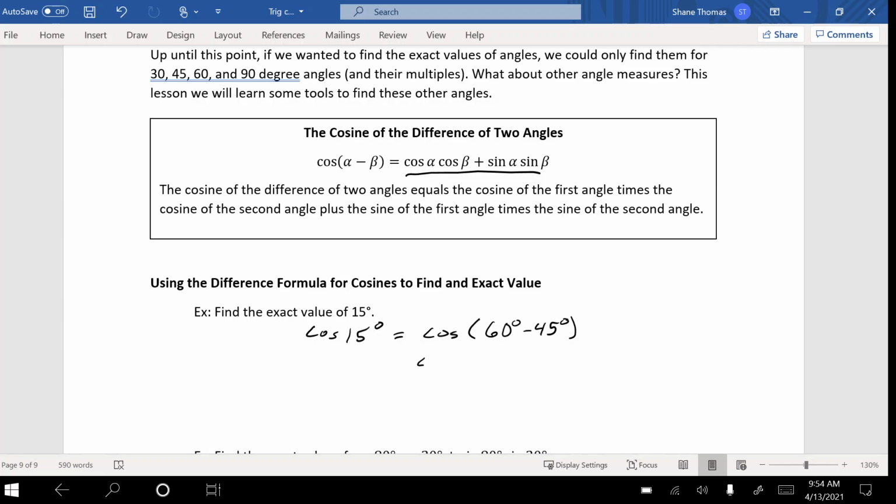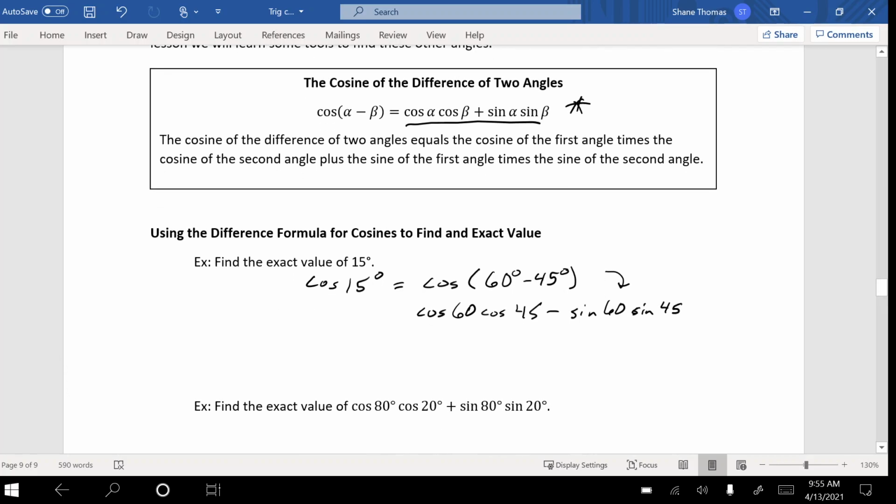So that's going to be the cosine of the first angle, which is 60, times the cosine of the second angle, which is 45, plus the sine of the first angle times the sine of the second angle. All I did was rewrite this first equation to here using this formula right here. Now I have this in things that I know.